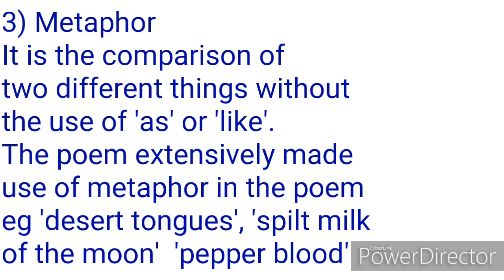Spilt milk of the moon is another example of metaphor. Here, the moon is compared to spilt milk due to the color of the rays of the moon. In line 3 and 4, pepper, which is a vegetable, is being compared to blood due to their similar red color and the pain they cause on the skin.